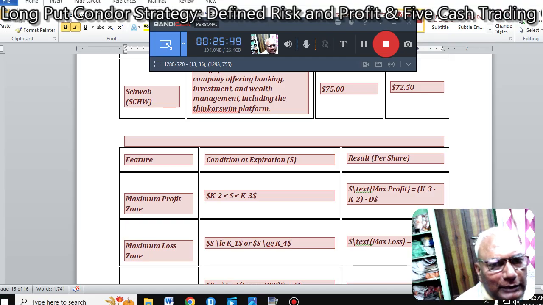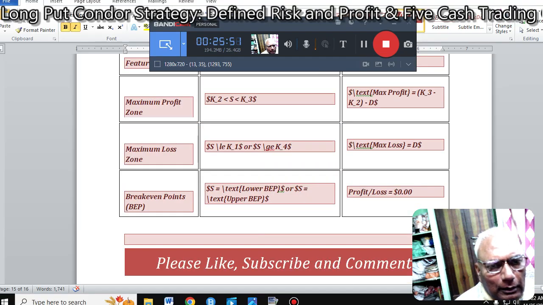Future condition expiration results. Maximum loss $4. Maximum loss. Profit or loss 0.